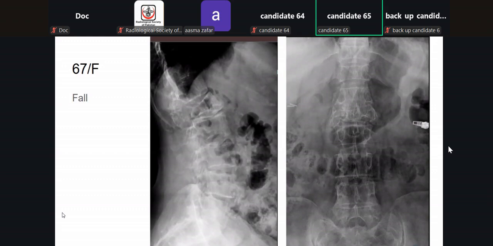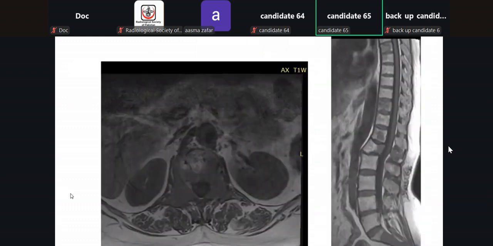67 female. I am provided with the frontal and lateral radiograph of lumbocervical spine of a skeletally mature old age patient with history of fall, in which I can see there is a compression collapse of LV one vertebral body, which is involving all the three compartments, anterior, middle, posterior elements also.